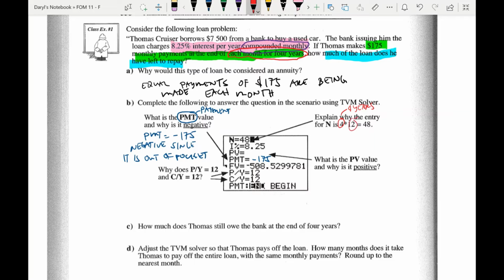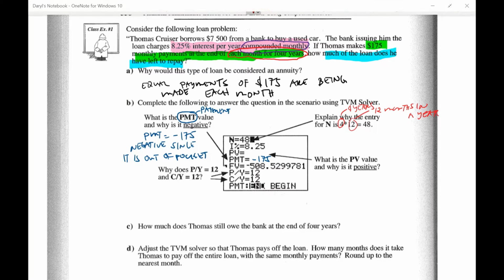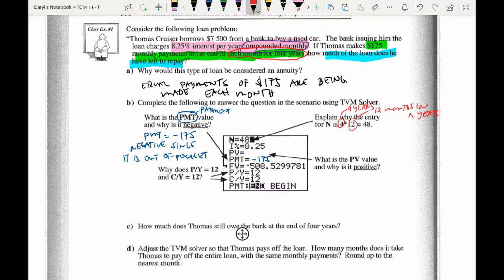There are 12 months in a year, so the total number of payments would be 48. Again, this is 12 payments per year.